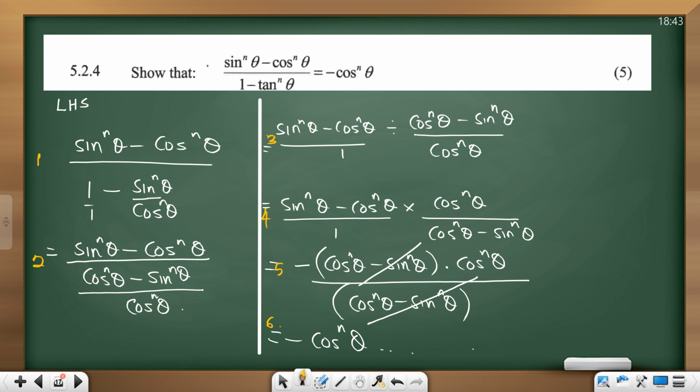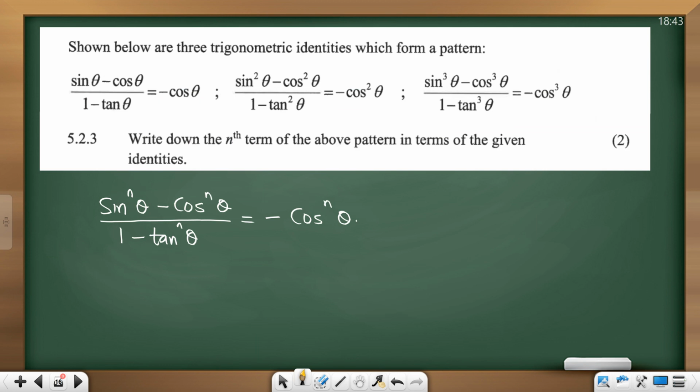Some of you wanted me to go through 5.2.3. Guys, general 5.2.3. Check. Write down the nth term of the above pattern in terms of the given what? Identities. In terms of, so my first term is negative cos theta. My second term is negative cos square theta. Those are the given identities.